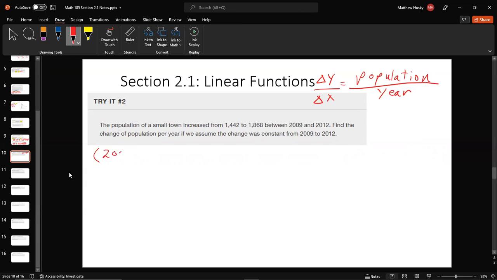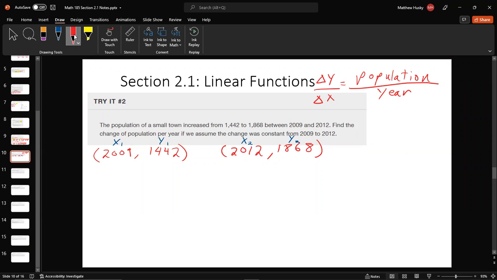In 2009, there were 1442 people. And in 2012, there were 1868 people. So we've got x1, y1, x2, y2.